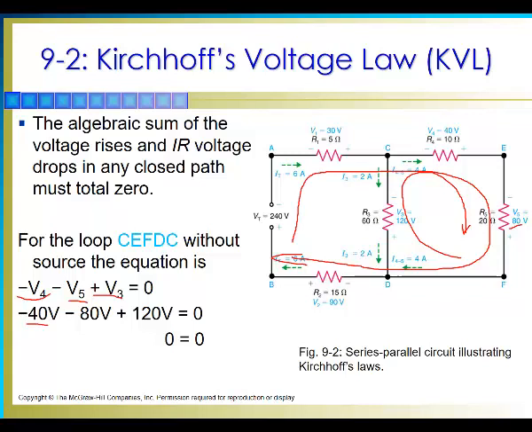So if we take this loop around the outer loop, we must ignore this one right here. The point is that in every single loop, the sum of the voltages must equal 0. It will be one loop, second loop, or we can also have a third loop, which is the big one around the edge of the circuit.